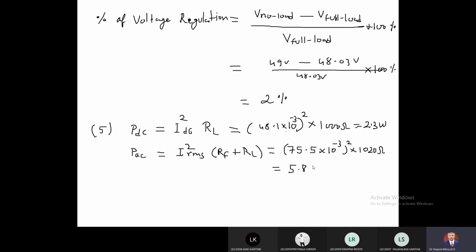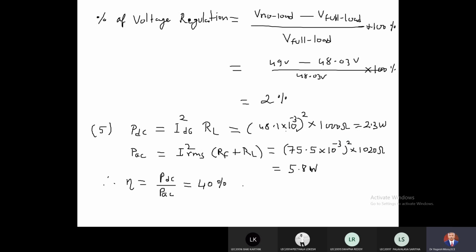So with this you can calculate the efficiency. Efficiency is PDC by PAC, and here it will come as 40%, right? If you put in the values, it is coming 40%.